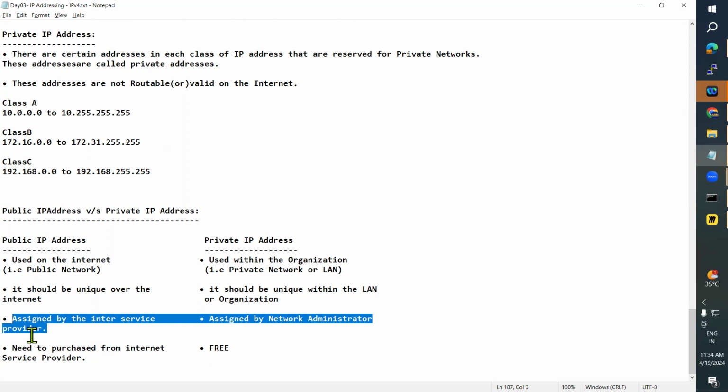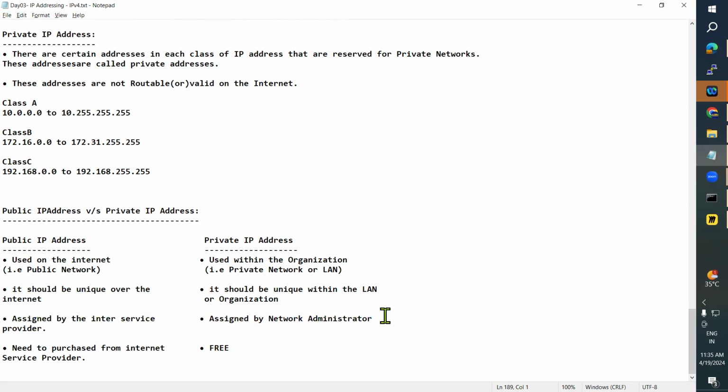The connection means they will configure the public IP address in your router. After connecting the cable, they configure the public IP address in your Wi-Fi router. Then only you can communicate with the public network.